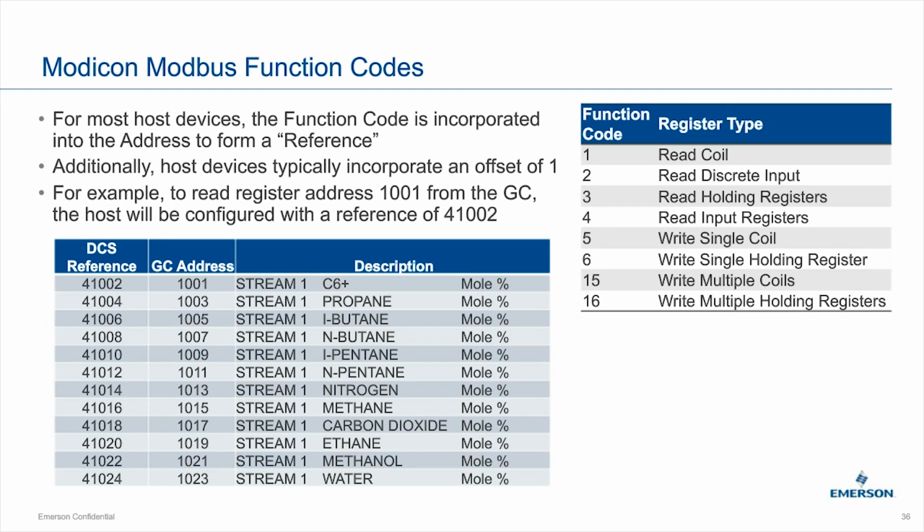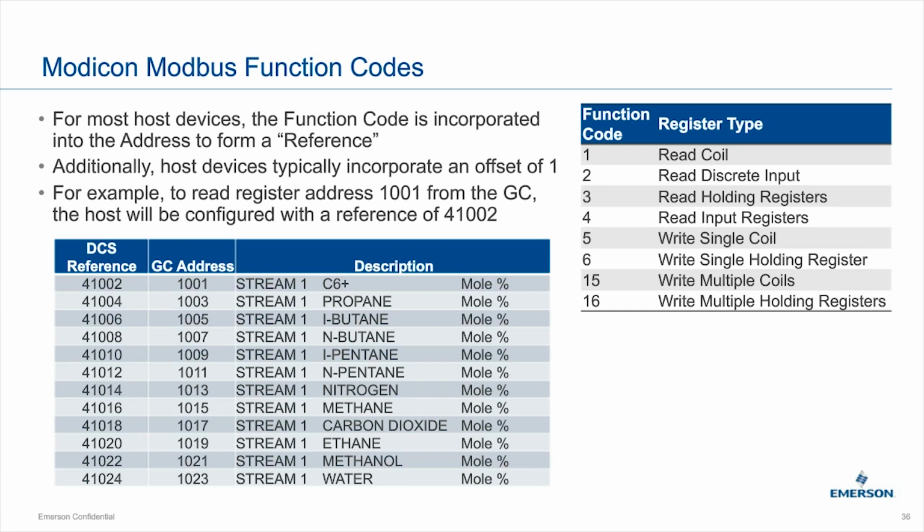as that often the host device will have an offset of 1. To be honest, I don't know why this is. It causes a lot of confusion. I wish everyone would just get on the same page, but unfortunately, this is the way that we see many systems set up, so that if the GC address is set up to 1001, the DCS reference will actually be 41,002.